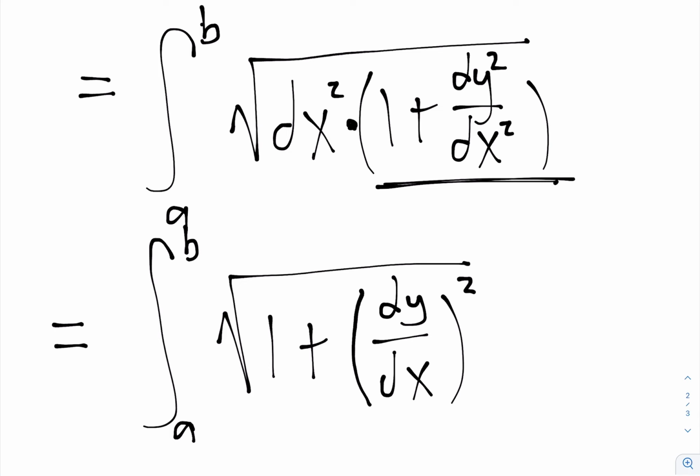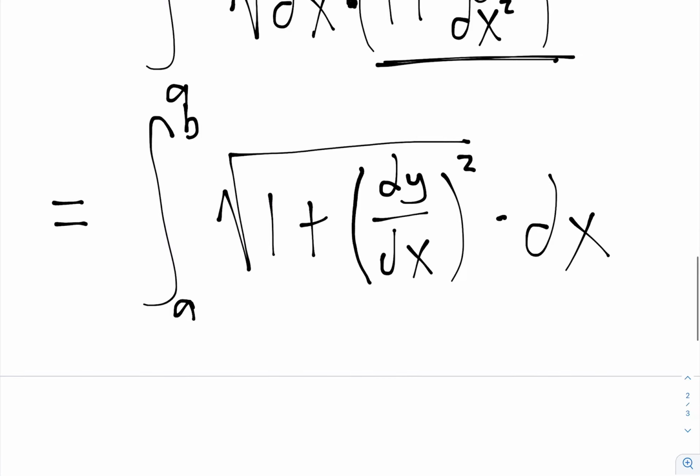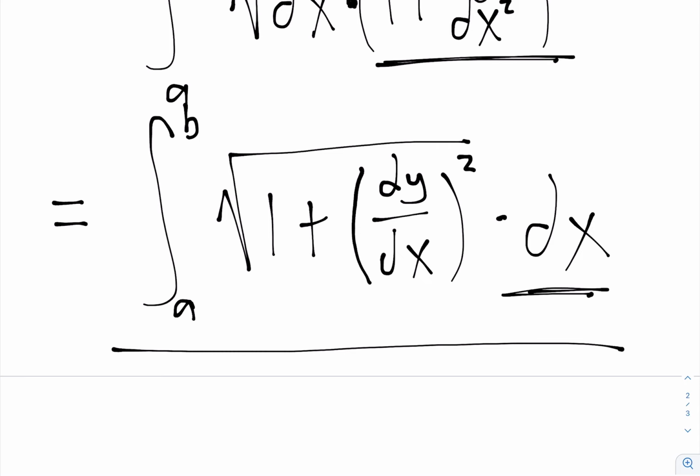So we can kind of not factor out, but bring out that square so it applies to both of them. And now we can tack on this times dx. So now this is looking like something we can integrate, because we have our bounds a to b, and we have the derivative with respect to x of a function, and then we have our dx. So now that we have that dx on the end, this is something that we can integrate.